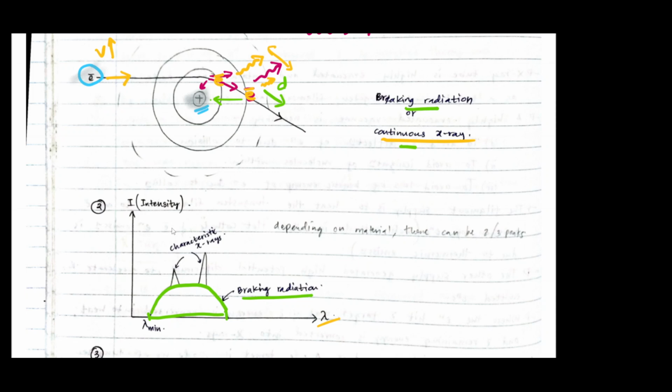It's just like brakes being applied, right? So this is continuous X-ray or braking radiation, and in between this continuous range, we have some small spikes. These spikes are due to characteristic X-rays.